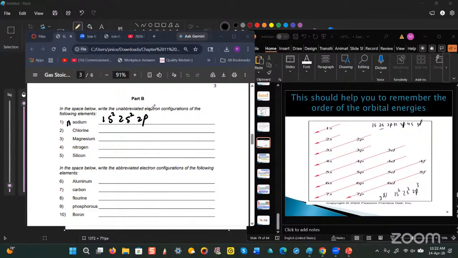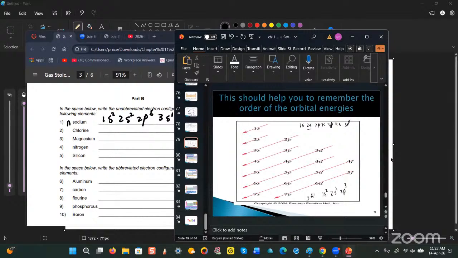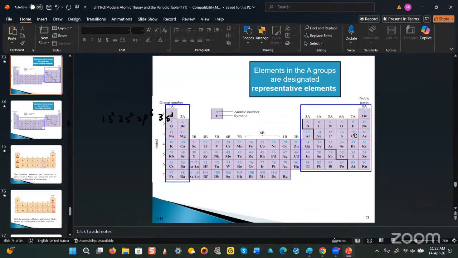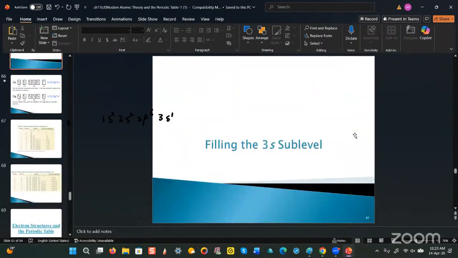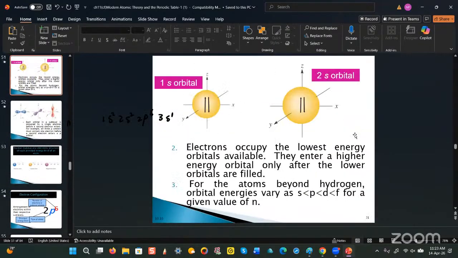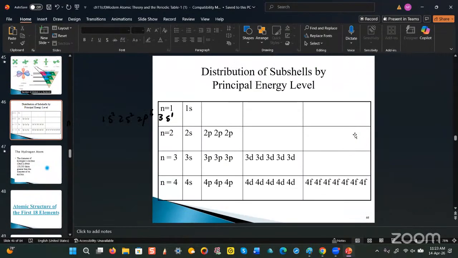Any questions? Yes, sir. How do you know what the maximum capacity is? Good question. Goes back to this chart which I showed you earlier. The key thing you need to remember is that each orbital can have a maximum of 2 electrons, right?